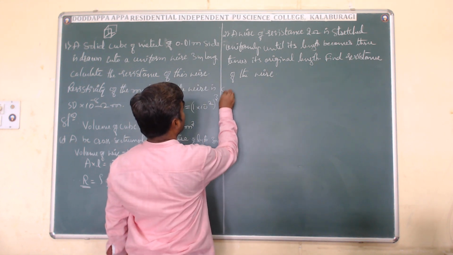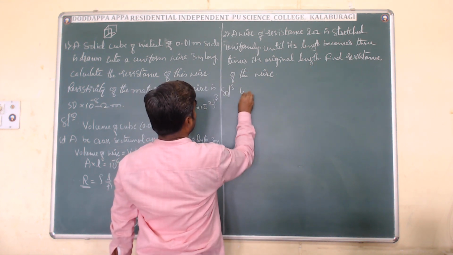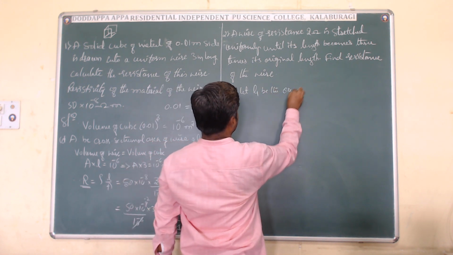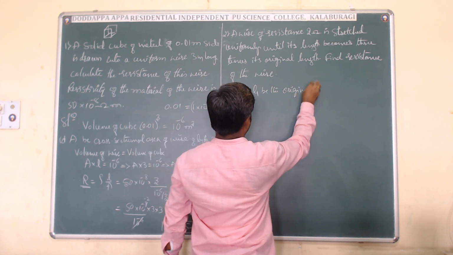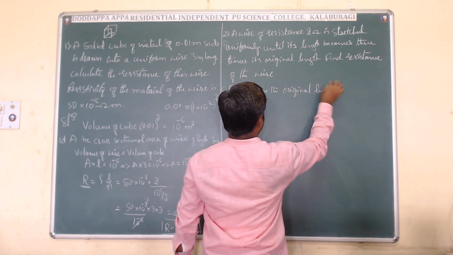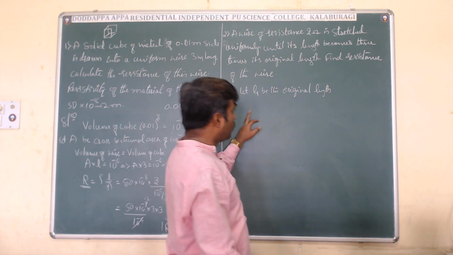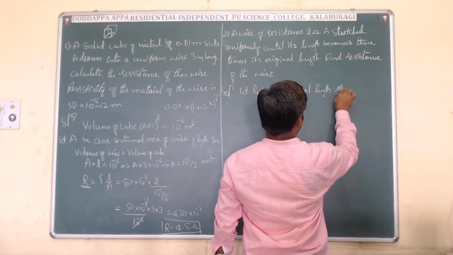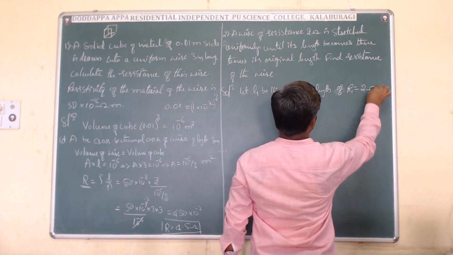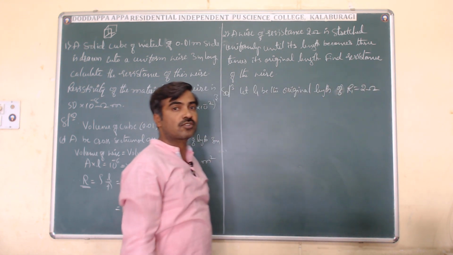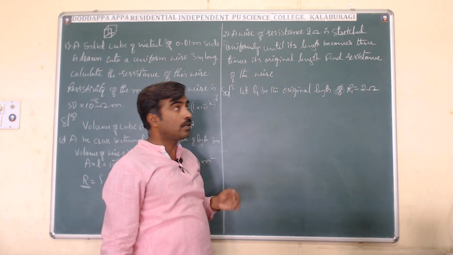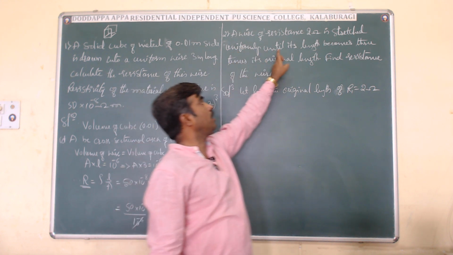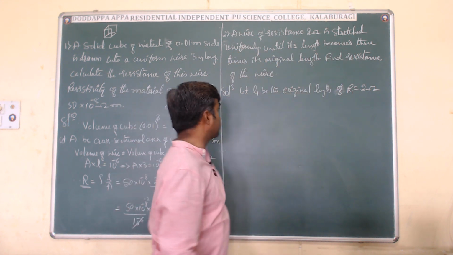For example, in the solution part, what I can write: let L1 be the original length, whose resistance R1 is equal to 2 ohms. Now, as per the next sentence, it is stretched uniformly until its length becomes 3 times.